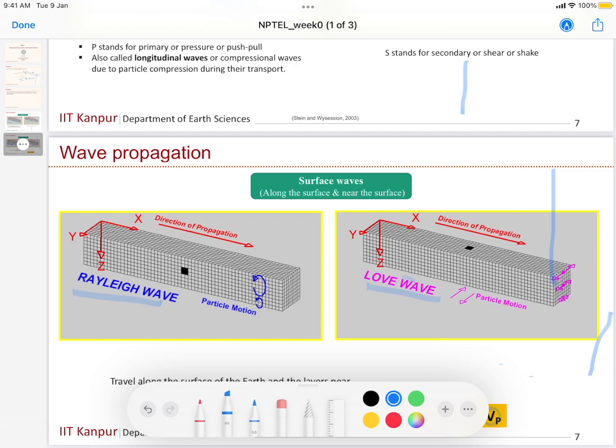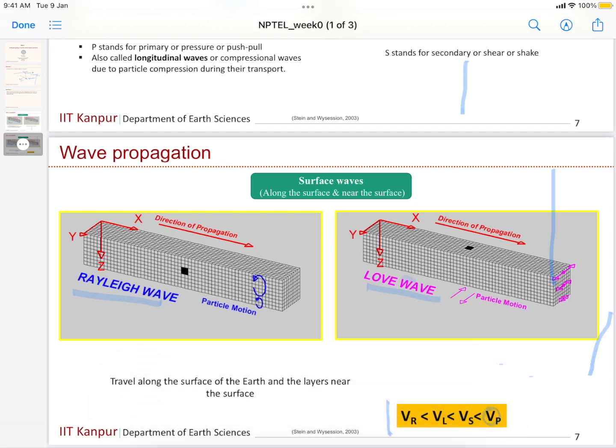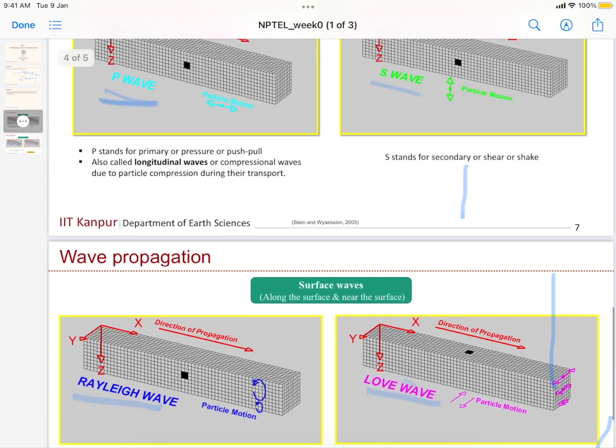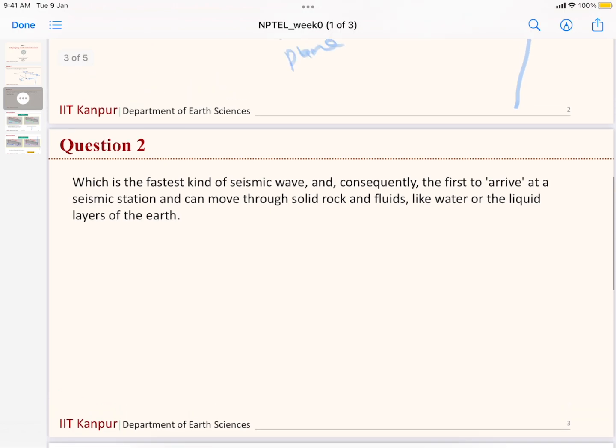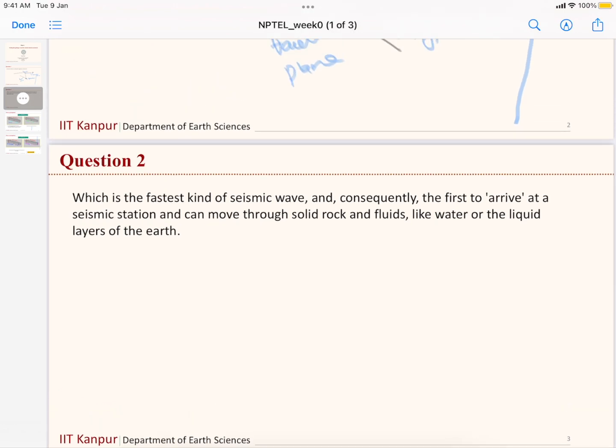After that we have the secondary wave, then the Love wave and the Rayleigh wave. So I hope now you can answer this question very well, and I think this will help you answer the questions. Thank you all.